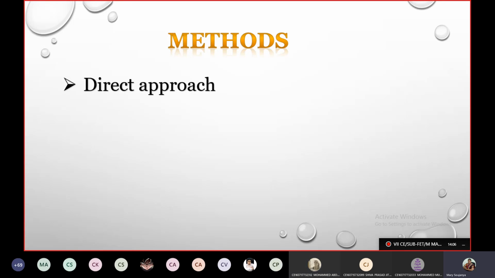The stiffness matrix derivation that we have done till now, maybe for a beam, a bar or a truss element, all these approaches are considered the direct approach. An element is taken and nodes are directly defined.